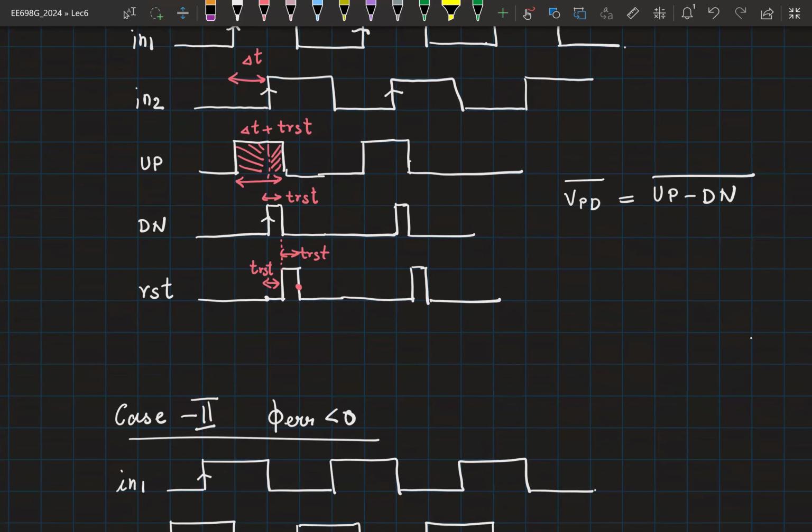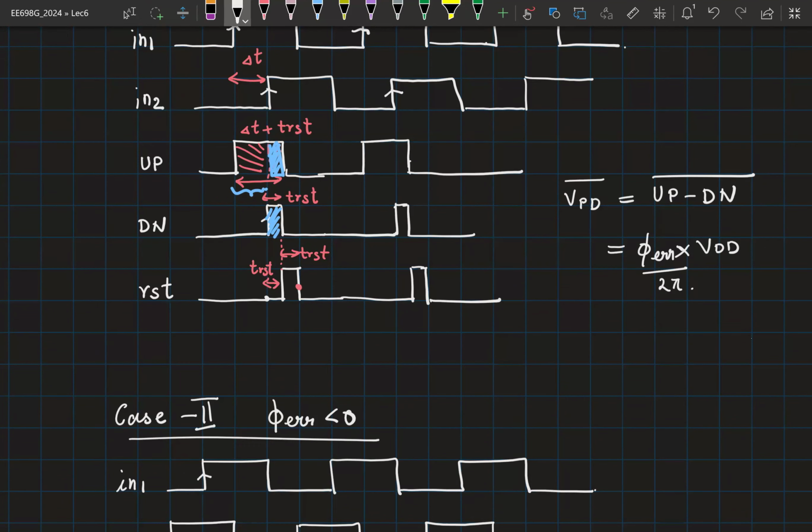So in calculating up minus down, you can clearly see that this T reset portion is going to get cancelled. Right? So I can directly use the delta T portion for the calculation. So this will be equal to delta T into VDD divided by T naught. And delta T by T naught can be replaced as phase error by 2 pi.